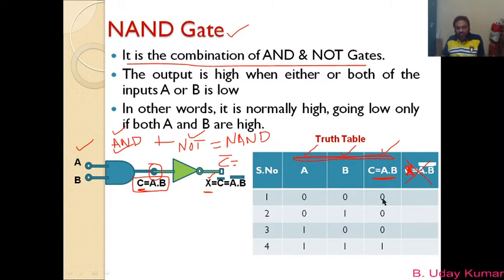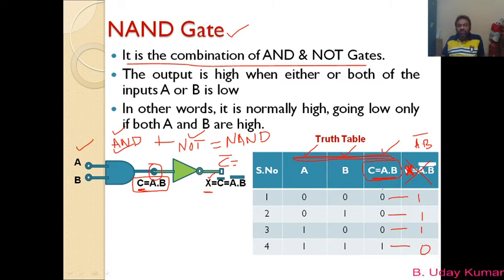So I have 0 here. Since I have 0, what will be the value of a dot b bar? This is a dot b, please check it out, and this is a dot b bar. So 0 becomes its inverse, which is 1, and this 0 also becomes 1, and this 0 also becomes 1, and this 1 becomes 0.